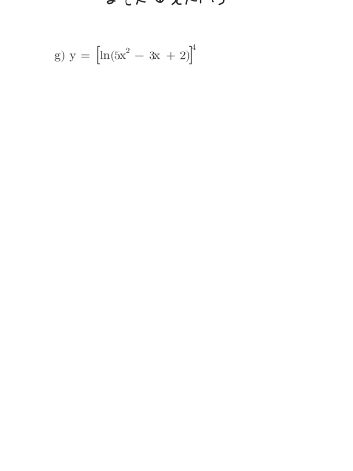I did some editing on the notes, and when I did, I forgot to edit the letters. So we are skipping from example D to example G. And on example G, we have y equals, and then we have these brackets raised to the 4th, and inside the brackets, we have a natural logarithm.